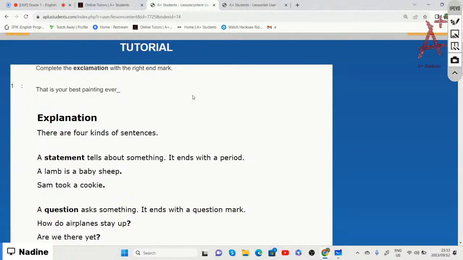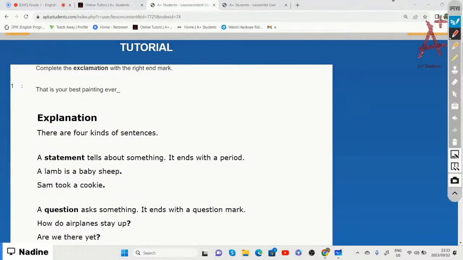So we write an exclamation point and end it with our exclamation point, right? So an exclamation sentence ends with an exclamation point.